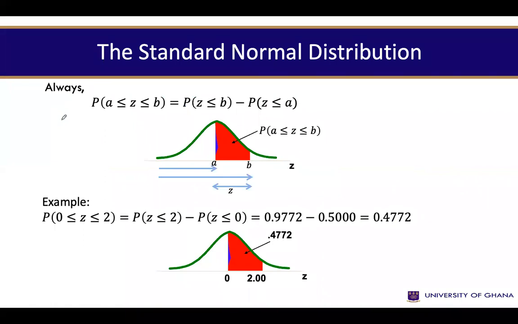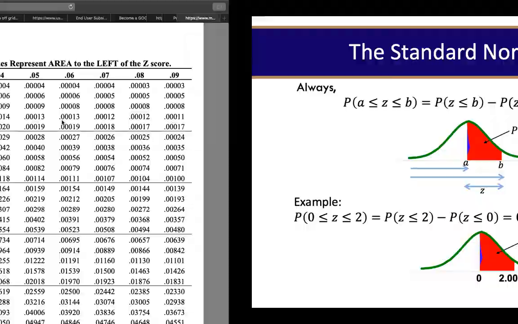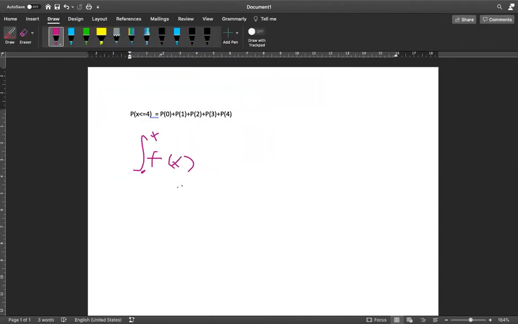It is important to always draw the normal distribution curve so that you know what is really happening. So let's take some examples of such situations, and then we'll be able to help each other out, right? Okay, great.